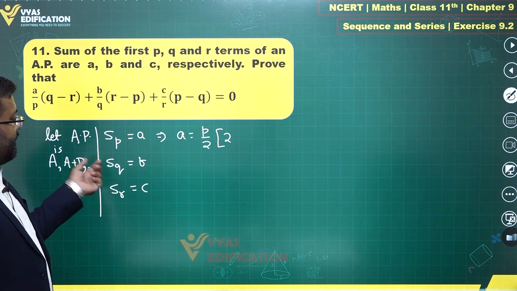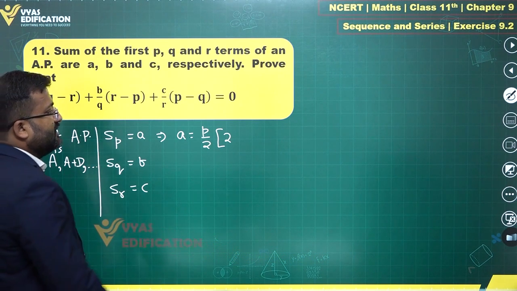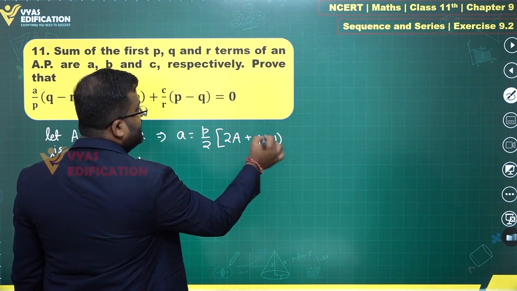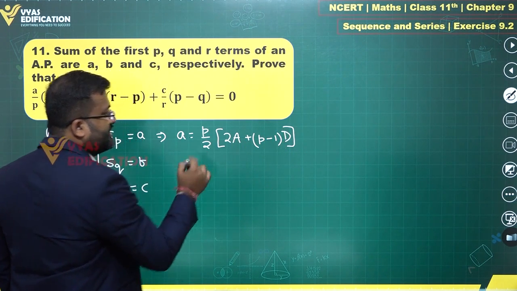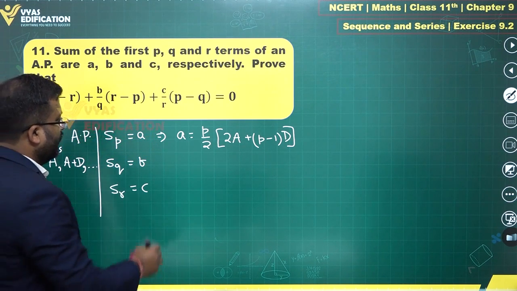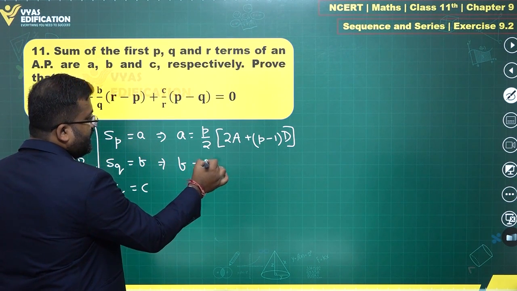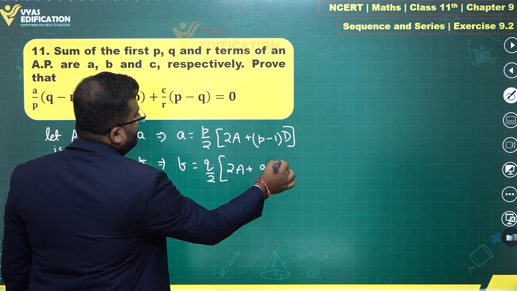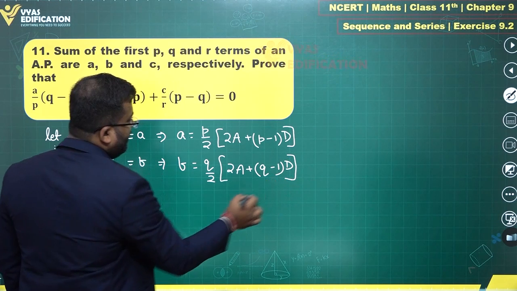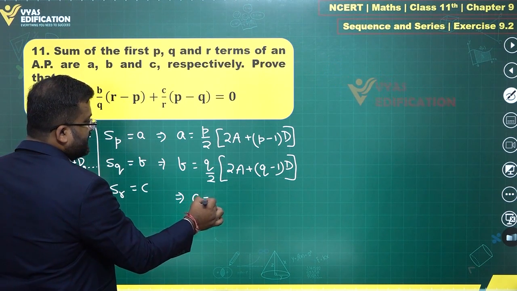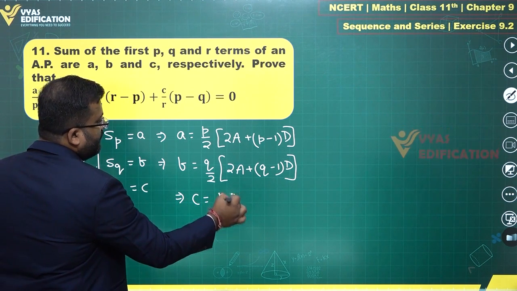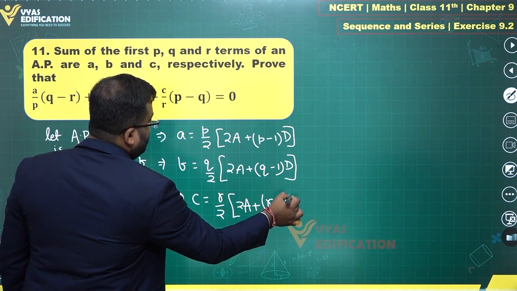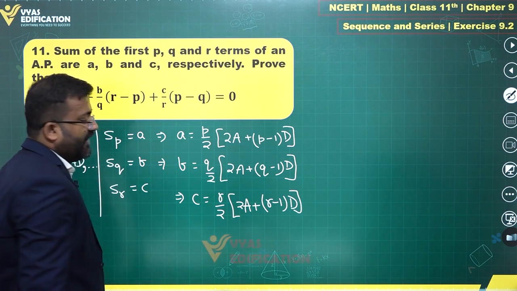Let's use capital A plus capital D. So this is 2 times capital A plus number of terms P minus 1 times capital D. This is the value of small a. What is the value of small b? This is Q by 2, 2A plus Q minus 1 times capital D. What is the value of small c? This is R by 2, 2A plus R minus 1 times capital D. This is what we have.